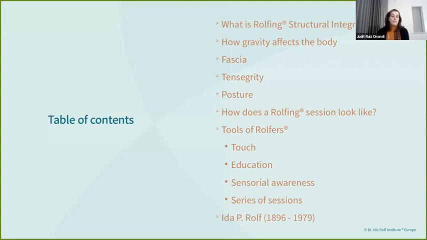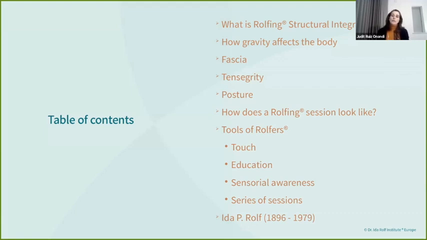So she went to university, she became a chemist, she has a PhD in biochemistry, and she studied and worked at the Rockefeller Institute, and afterwards she went to Switzerland, and she also studied mathematics and nuclear physics. As you see, she was interested in a lot of science. On the other hand, she was also very interested in healing methods like homeopathy that she studied, and yoga, osteopathy, chiropractic, Alexander technique, etc.